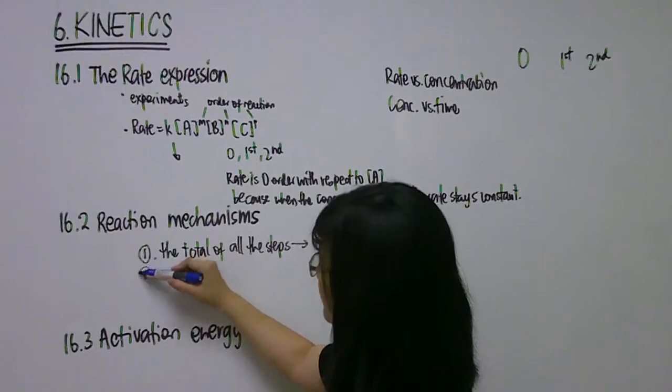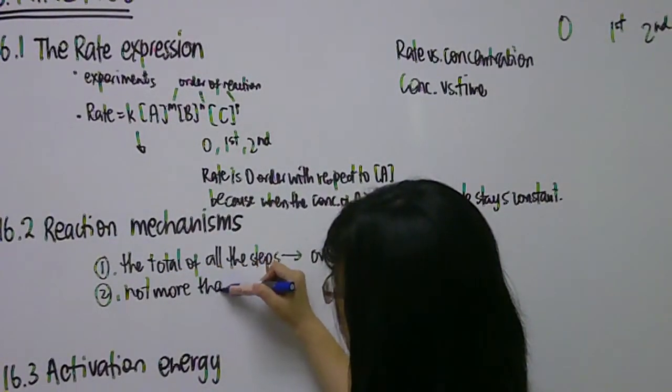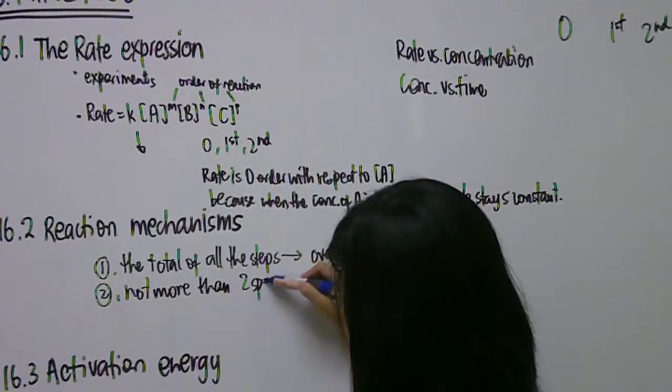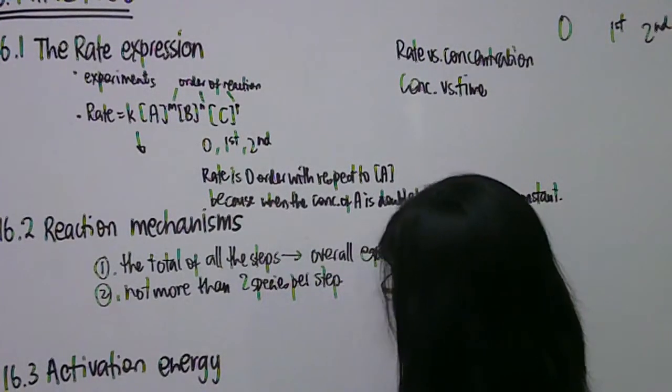And not more than 2 species per step. Okay?